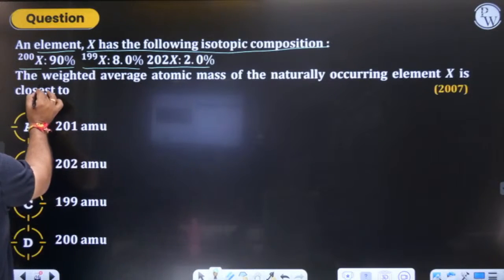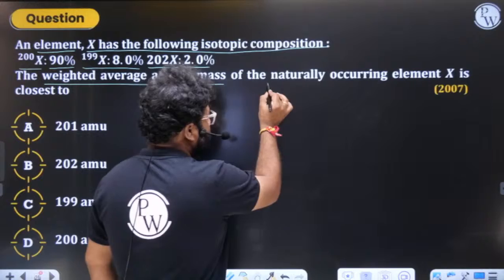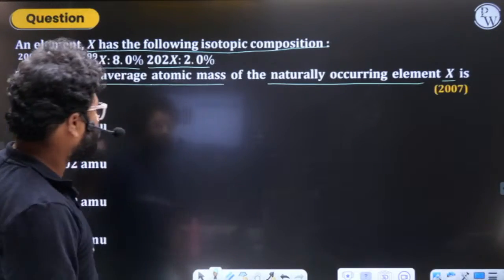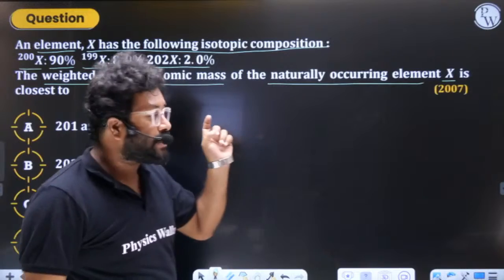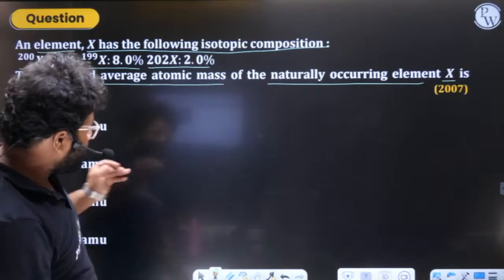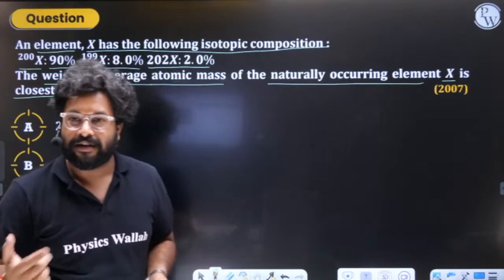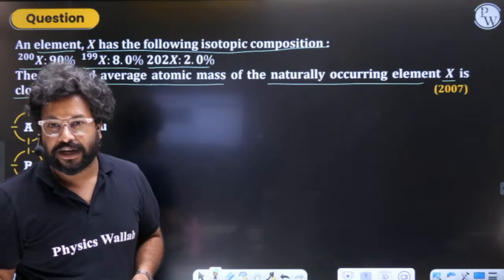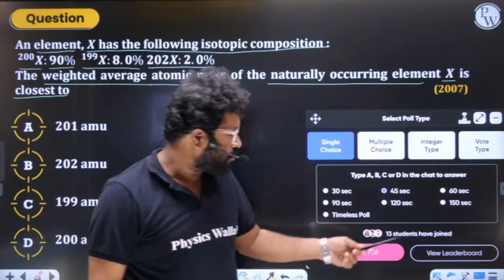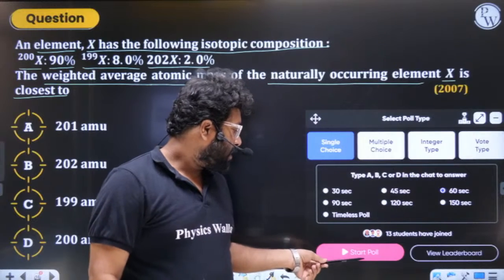The weighted average atomic mass of the naturally occurring element X is closest to? You need to solve this question the way we just solved the previous one. I'm going to give you a complete 1 minute for solving this. Your time starts now.